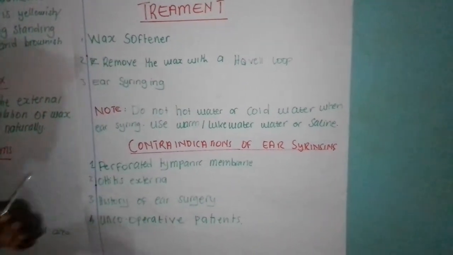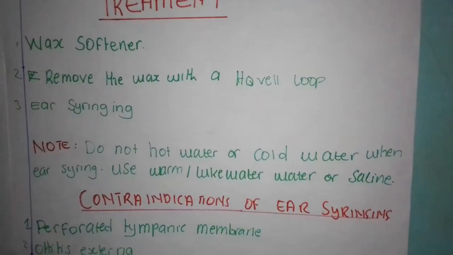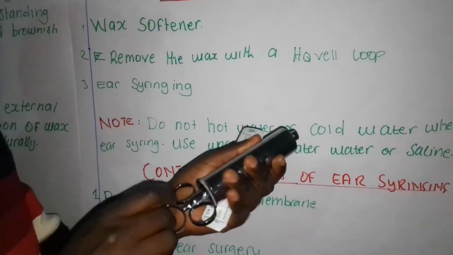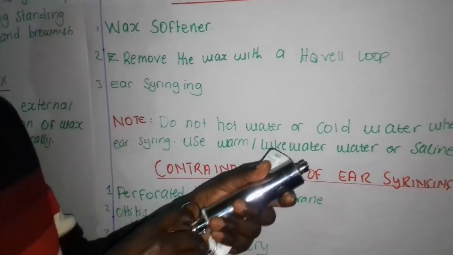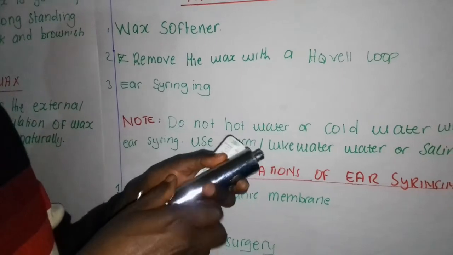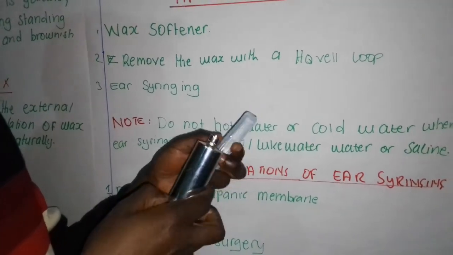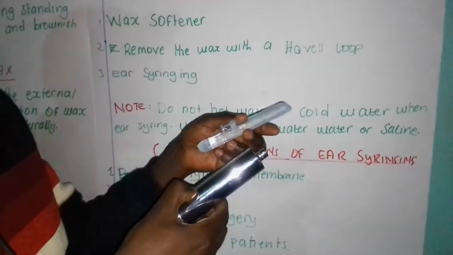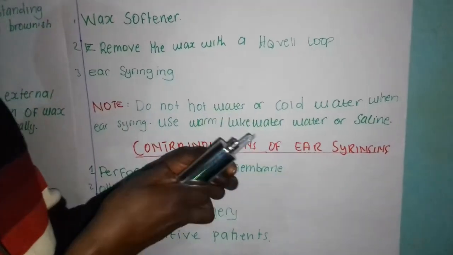Then you can also do ear syringing. This is a syringe that is used when doing ear syringing. There are some other syringes which have a long tip, which is used for ear syringing. But if the others do not have a long tip, you can also use a cannula, which I'm not going to open since I don't have a patient.